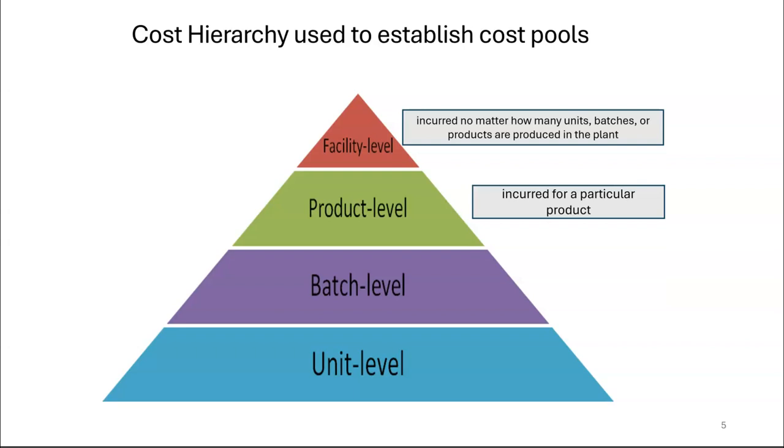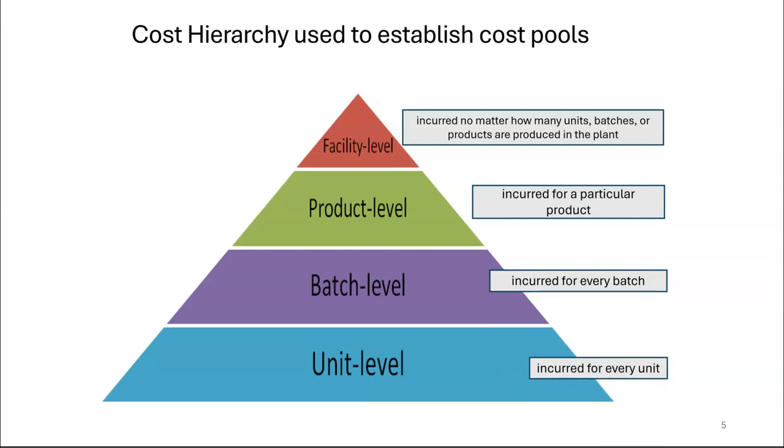These are incurred for a particular product. Then we have the batch level. These are incurred for every batch. And then we have the unit level. They're incurred for every unit. This is how we're going to identify cost drivers, depending on what level they are and how we collect the costs.